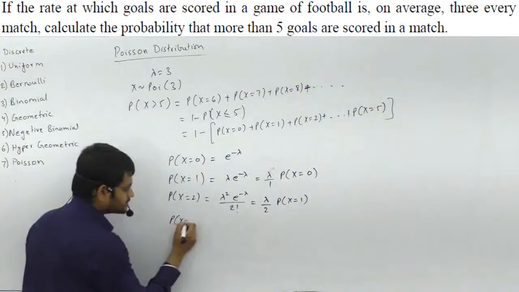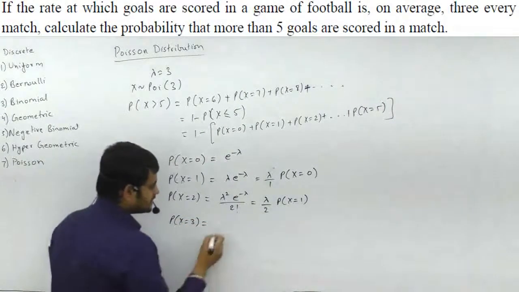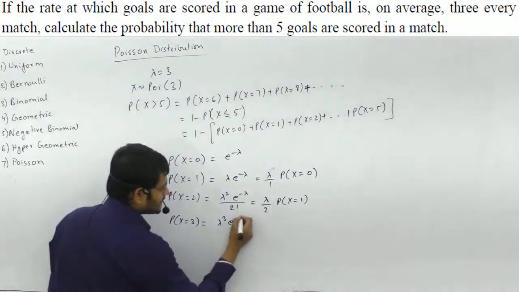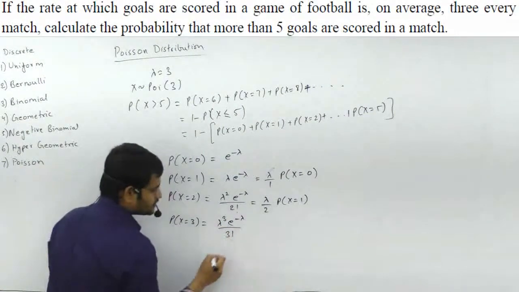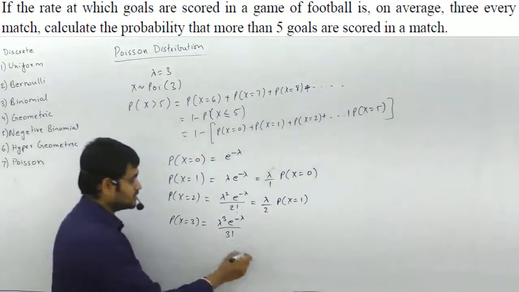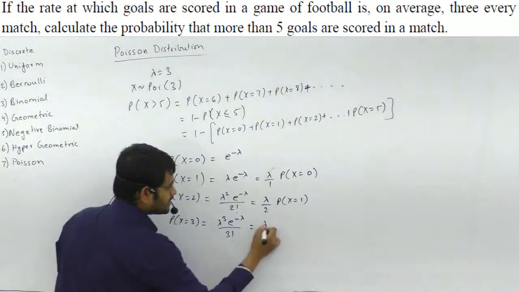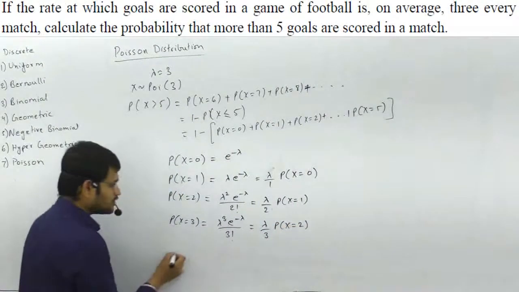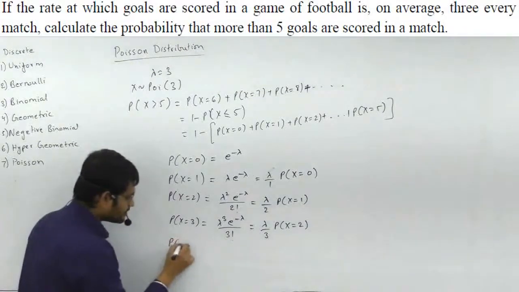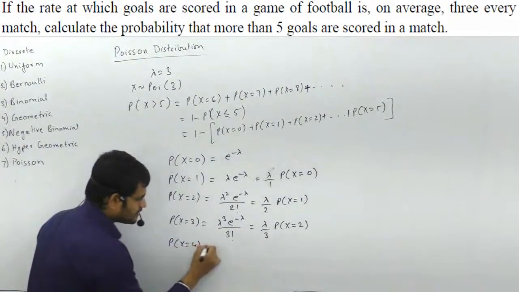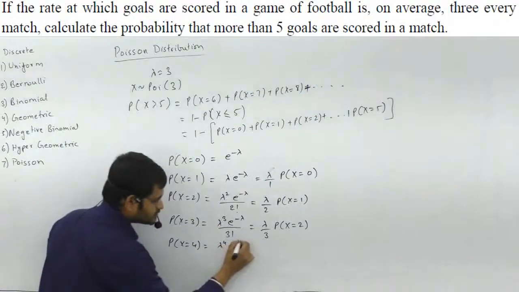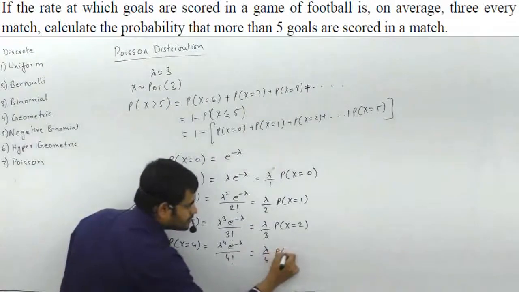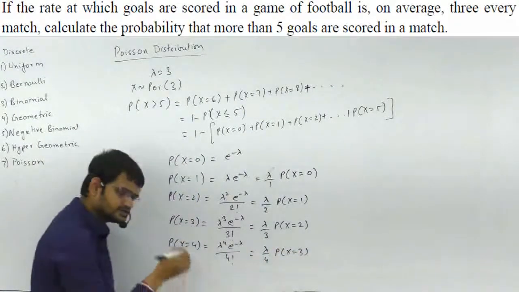Similarly, probability x equals 3 is lambda cube e raised to minus lambda by 3 factorial, which is 3 into 2, or lambda by 3 into probability x equals 2, and so on. Similarly, probability x equals 4 is lambda raised to 4 e raised to minus lambda by 4 factorial, that is lambda by 4 into probability x equals 3, and so on.